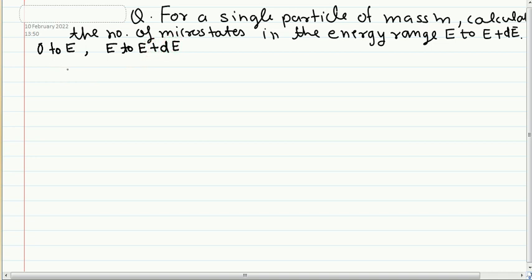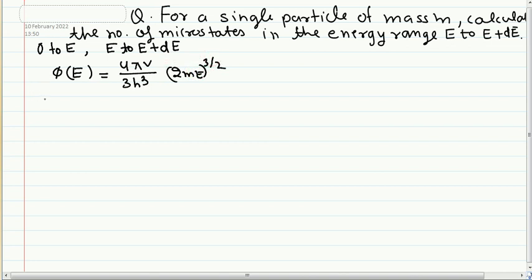Now we will take the answer of the first question, which is phi E. The number of microstates in the energy range 0 to E is 4 pi V divided by 3h cube into (2mE) to the power 3 by 2. So this is the answer of the first question.